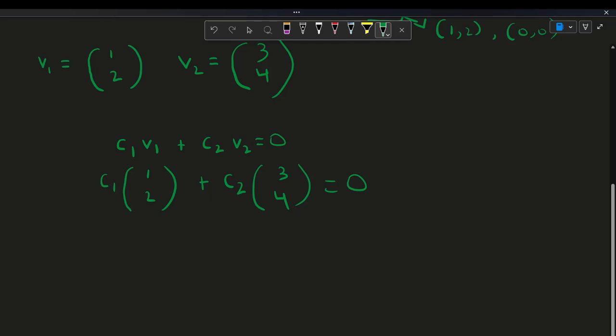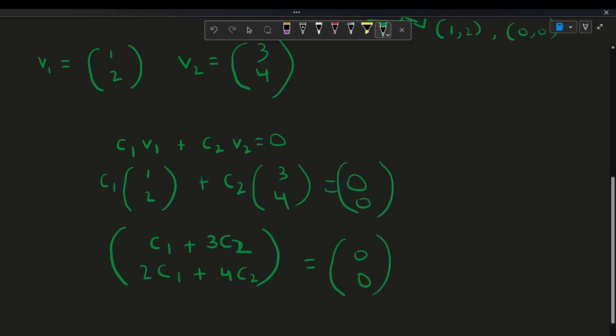Now let's carry out the multiplication. That would give us C1 plus 3C2 on the top, and the bottom part would be 2C1 plus 4C2. That should be equal to the 0 vector, which is 0, 0. Sorry, I should have written that here.